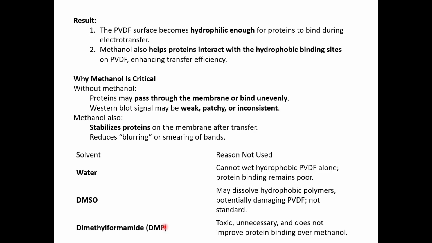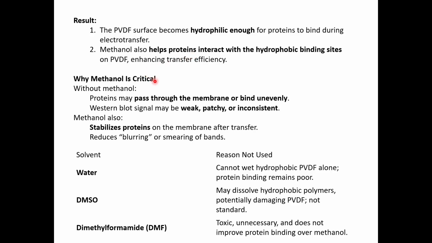So as a result, the PVDF surface becomes hydrophilic enough for the proteins to bind on it during electrotransfer. Methanol also helps the proteins interact with the hydrophobic binding sites on the PVDF membrane and enhances the transfer efficiency.